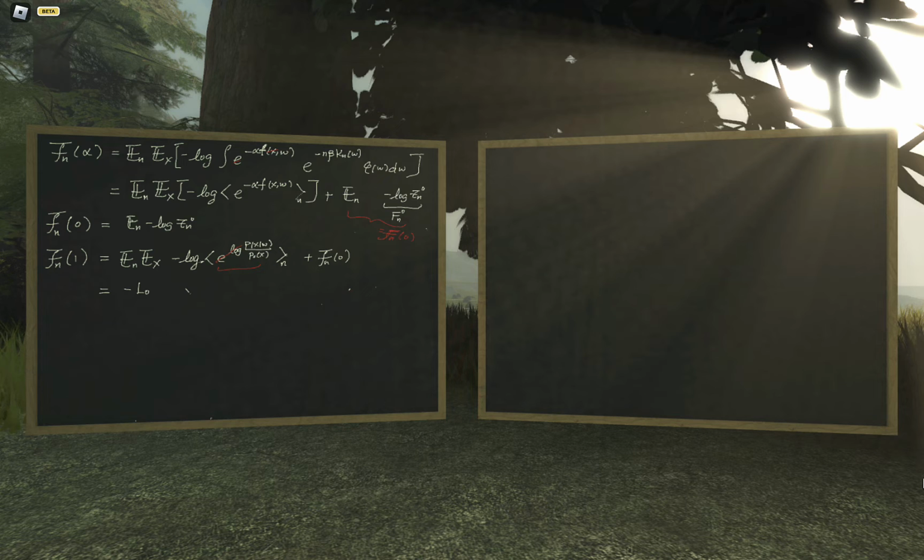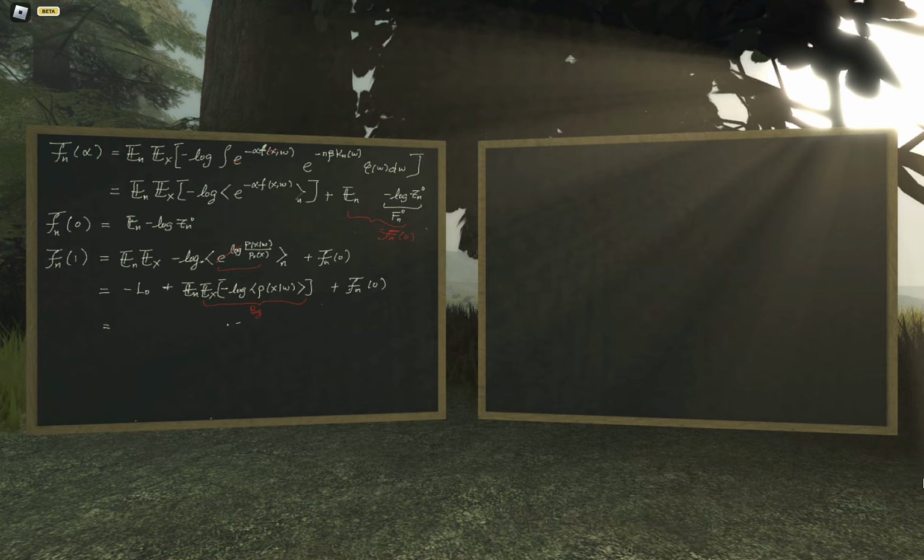And then what's left in the bracket is plus E_X of negative log... that's what's left in the bracket, and this inside is BG.